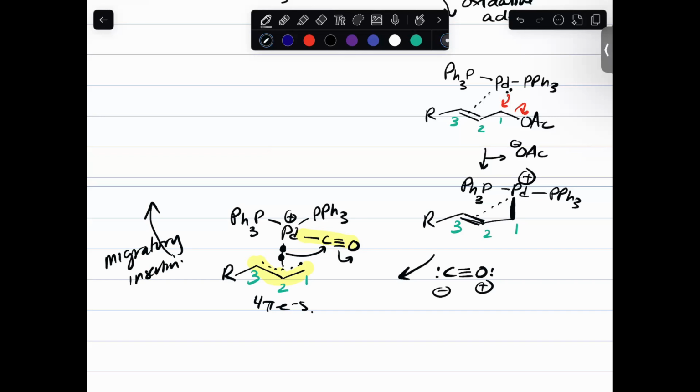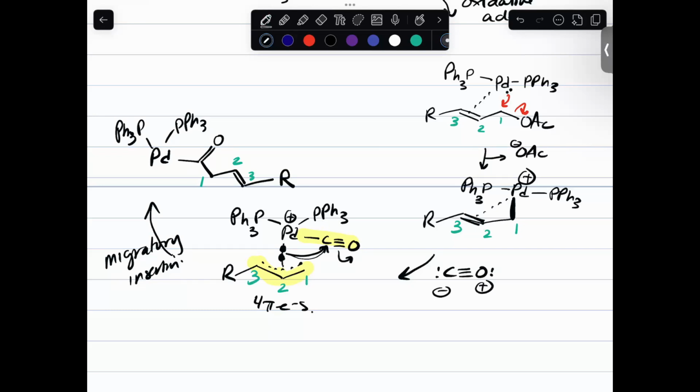In this case, the electrons are given to the carbon monoxide to form a bond between carbon monoxide and the new substituent. And the carbon monoxide always gets attacked by the least substituted carbon. And our double bond now is between 2 and 3.